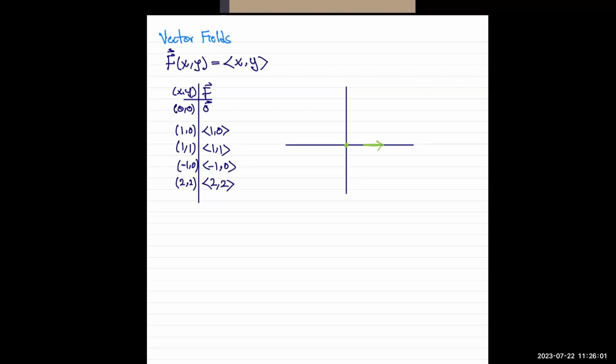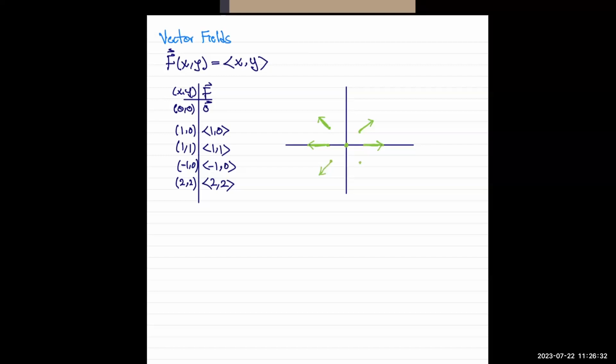At point 1, 1, we get this vector. At point negative 1, 0, we get the vector negative 1, 0, which is pointing away from i hat. Likewise, at negative 1, 1, you get this vector pointing away from the center.